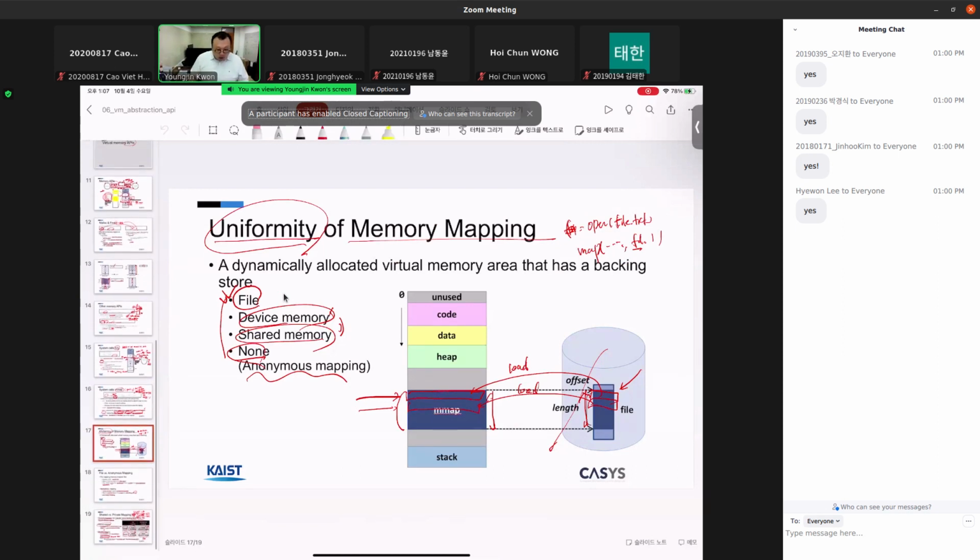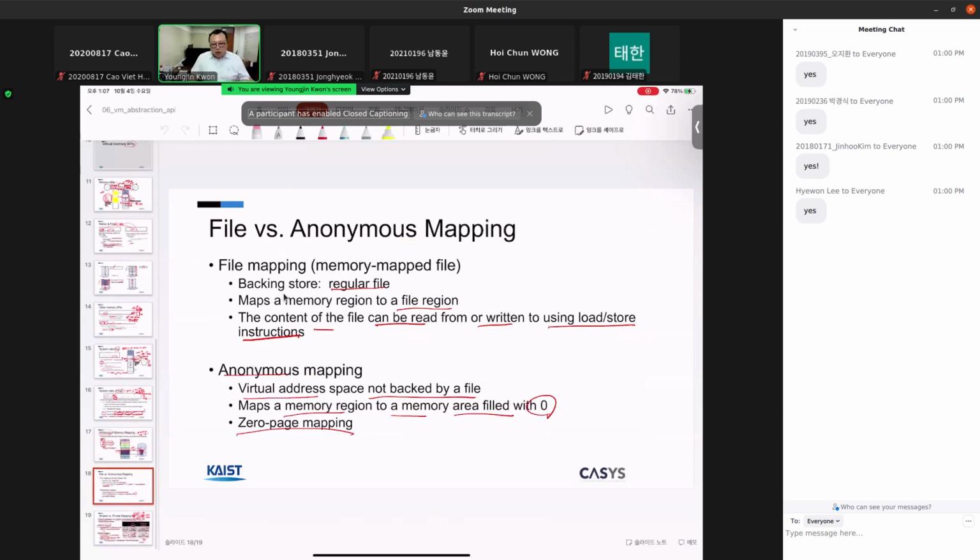Okay, and one important classification of physical memory is that one type is backed by a file. The other type is anonymous memory. In the case of file-backed memory, when a page fault happens, the operating system reads data from the file and fills in the contents of the file.